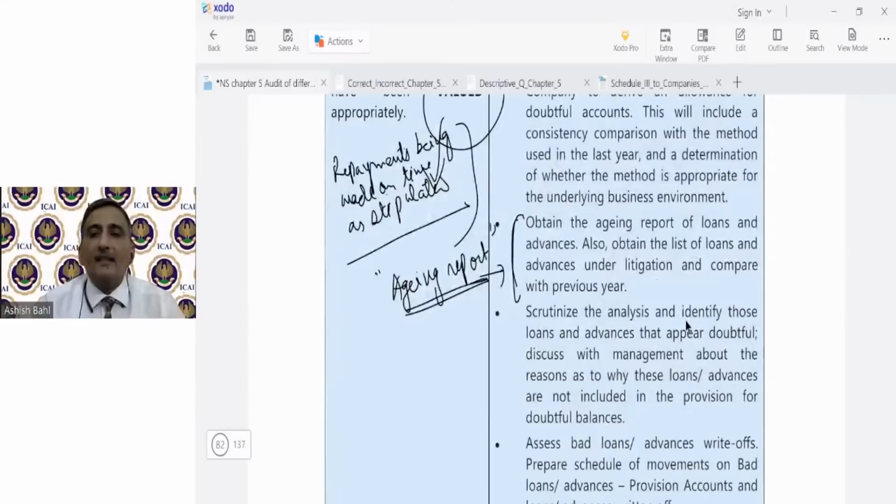So scrutinize the analysis and identify those advances that appear doubtful.